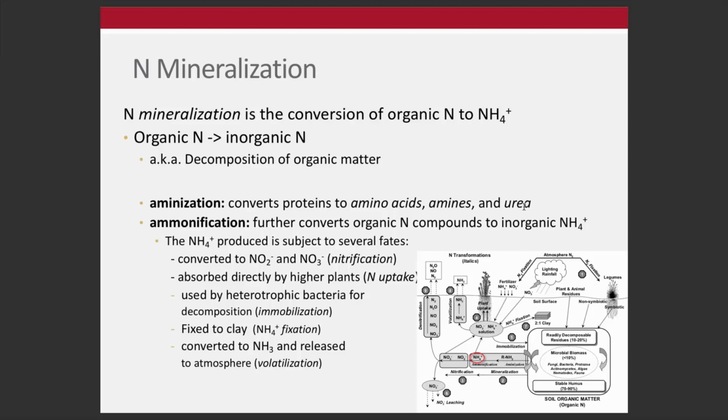So once we have ammonium, there's a lot of different potential fates that can happen, and that's one of the reasons that nitrogen is very tricky to manage, because of the multiple phases that it can exist in, and the multiple pathways for loss or even just for transformation that occur.